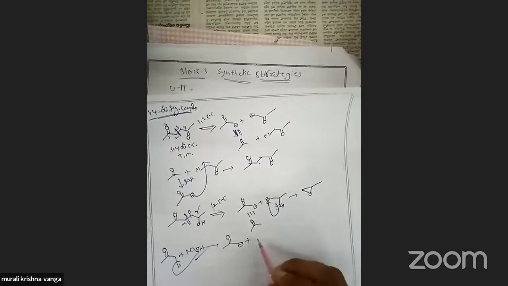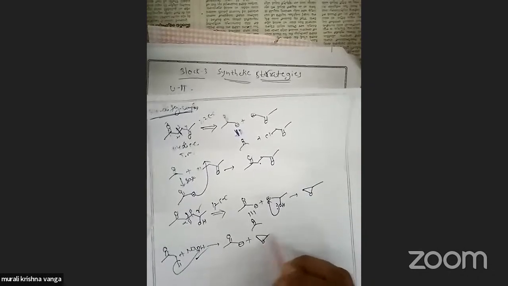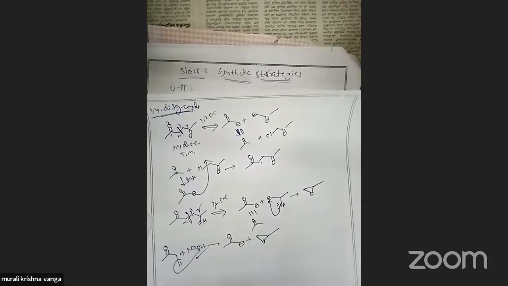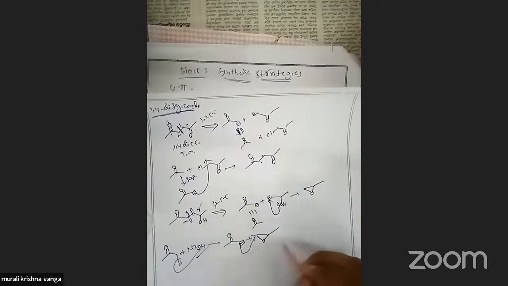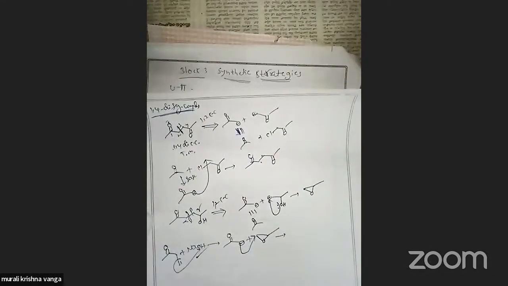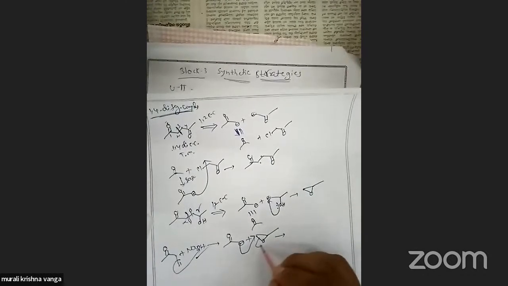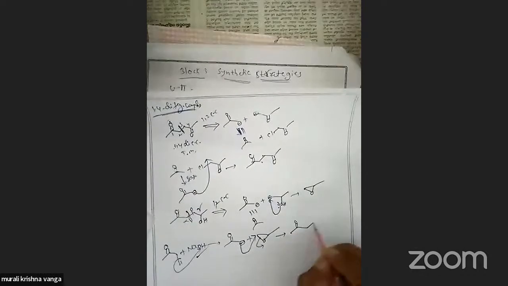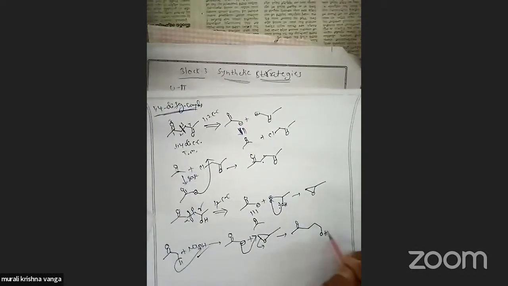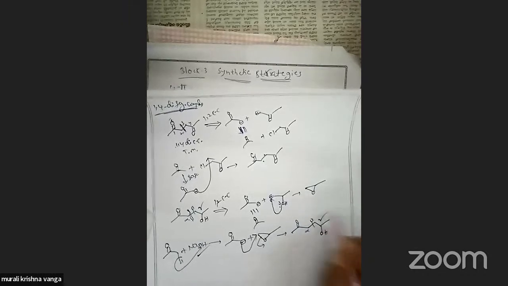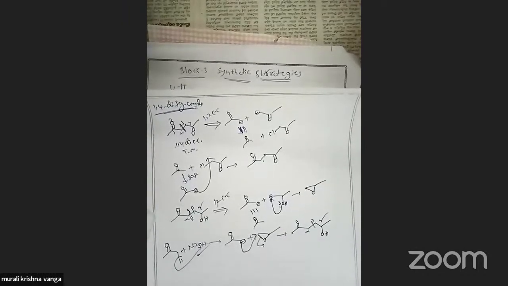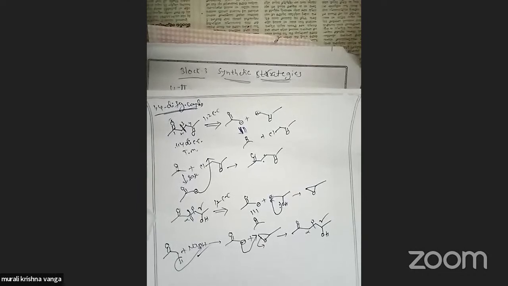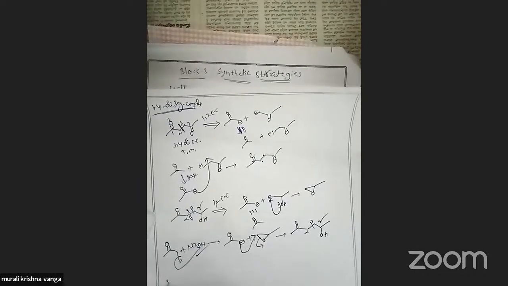This alpha carbanion, when reacting with epoxides, the negative charge attacks the less substituted epoxide carbon, then forms opening of the epoxide from the less substituted side. Then the product is a gamma hydroxy ketone. This is an example.